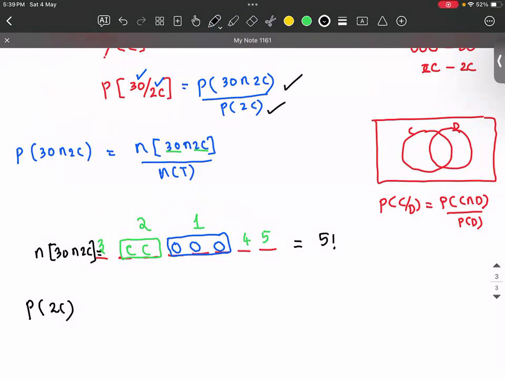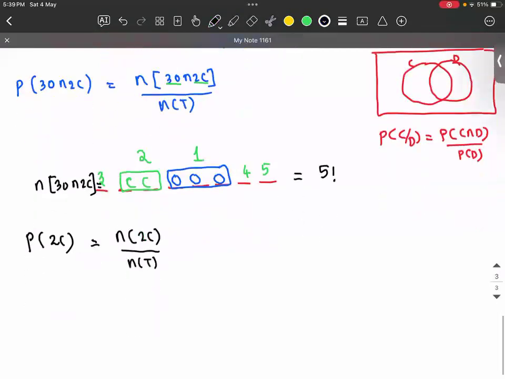So what is the probability of getting 2C? It is the total number of arrangements that give 2C standing together divided by the total number of possibilities. So we have 8 spaces, and we are fixing 2 C's as a single unit.